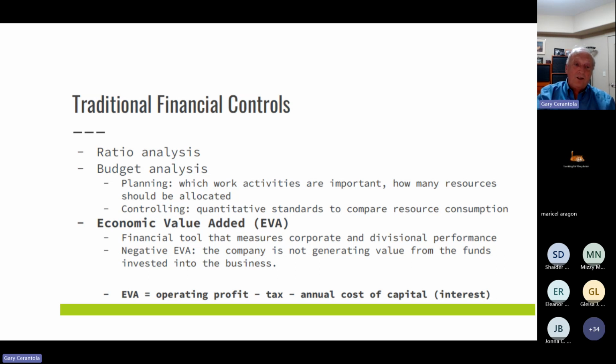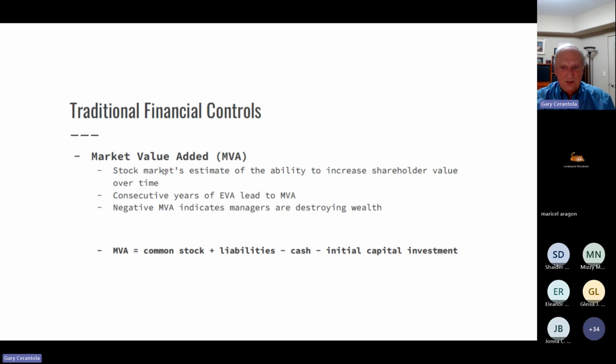And then you say, well, why is it growing, and can I do this in other places to improve my overall lot? If it's decreasing, you start looking for problems and saying, what's going wrong here, and how do I deal with that? And then there's market value added, and that's where the stock market will tell you if you're doing okay. It estimates the ability to increase shareholder value.